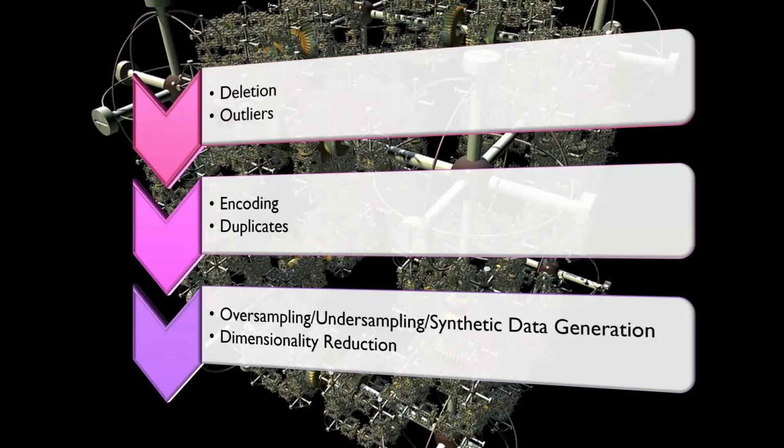Then there is another aspect of concern like dimensionality reduction. This is where we have a lot of data, and the data contains noise, which is not relevant to your model or your analysis, and you might decide to do away with it. So you are left with only the relevant features.